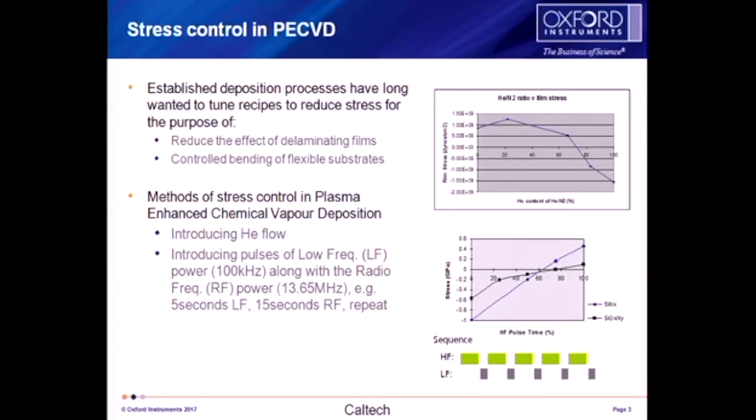These are two examples where you can see that the stress moves across from compressive to tensile. And at that point, you can therefore determine that you're able to tune your process to deliver low stress.